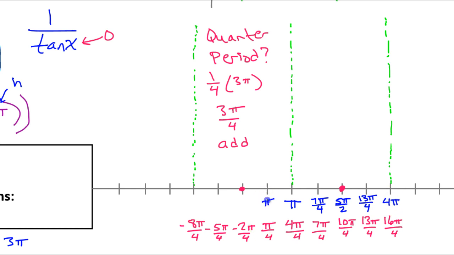Pi over 4 cannot be reduced. Negative 2 pi over 4 is negative pi over 2. Negative 5 pi over 4 cannot be reduced. And negative 8 pi over 4 is negative 2 pi. I can erase all this pink stuff now because I'm done with it.